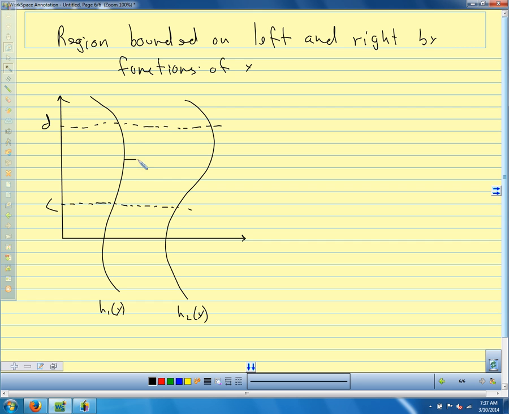This time we're going to draw our little rectangles, and let me do that in red. Draw our little rectangles horizontal. And the thickness of our rectangle is going to be dy, and we say the area is the integral y equals C to D of the integral of x from h1 of y to h2 of y, dx dy. And we evaluate our integral in the opposite order.